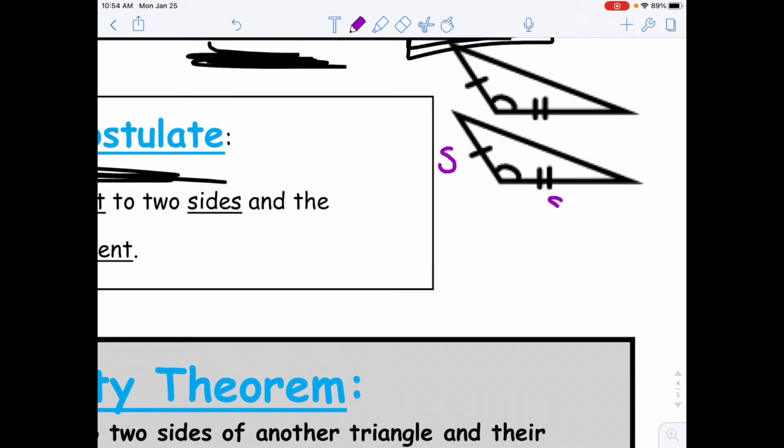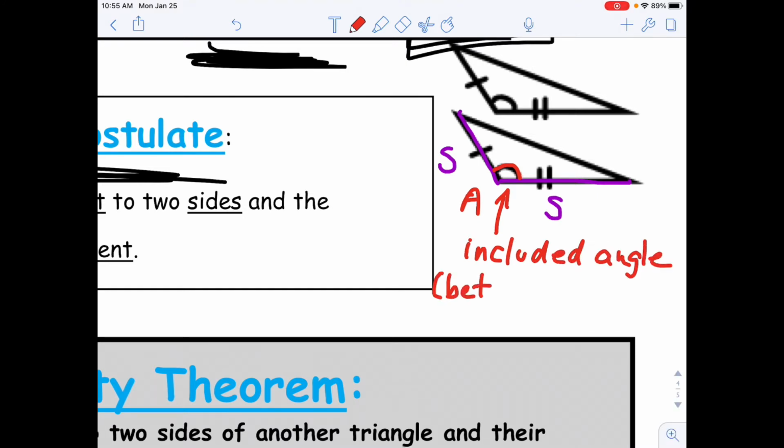Alright, and remember, it's all about spatial reasoning. We have a side and another side. Notice how this angle is formed by the two sides that are congruent. That's why this is an included angle. It's between, or let's say formed by congruent sides.